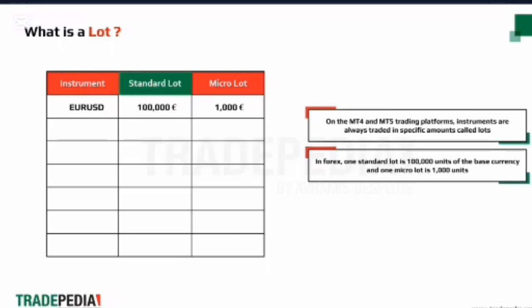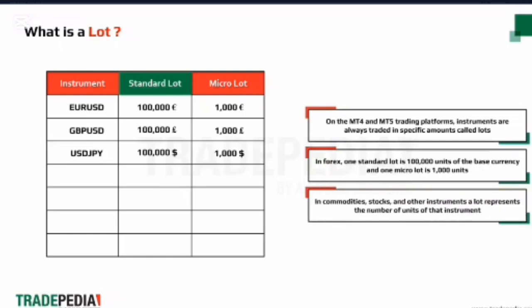The British pound against the US dollar, one standard lot is 100,000 British pounds, and one micro lot is 1,000 pounds. US dollar against Japanese yen, one standard lot is 100,000 US dollars, and one micro lot is 1,000 US dollars.